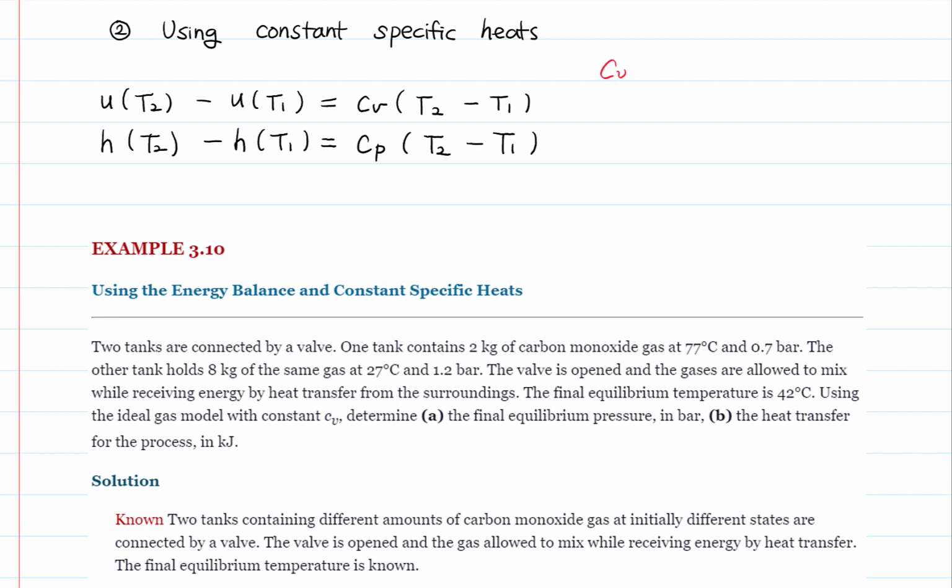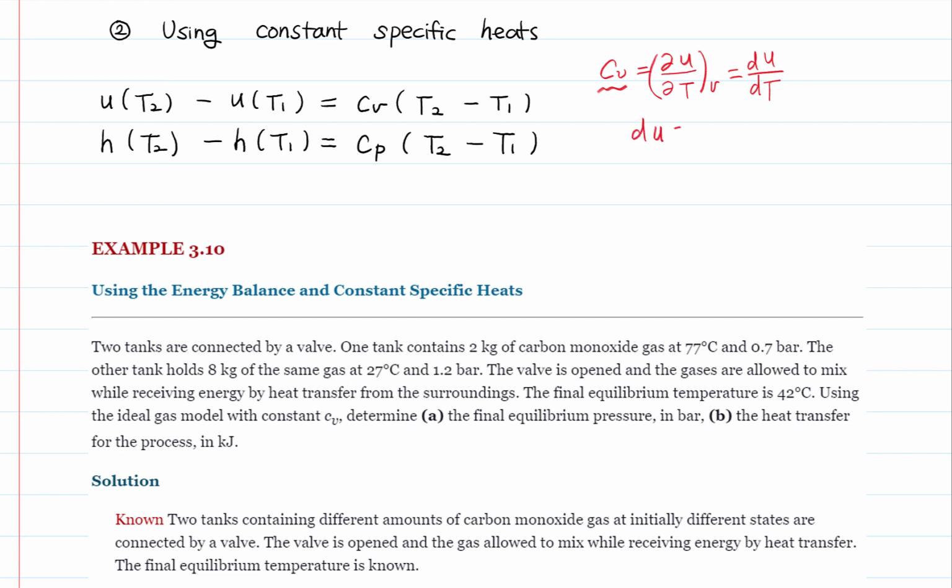Constant volume specific heat is defined as du over dT at constant volume. The internal energy of an ideal gas is a function of temperature only, so the partial derivative becomes the ordinary derivative, du over dT. So we can say that constant volume specific heat, or Cv, is dependent on temperature only for ideal gases.